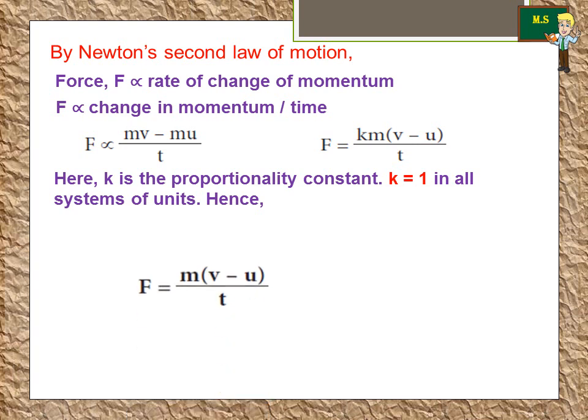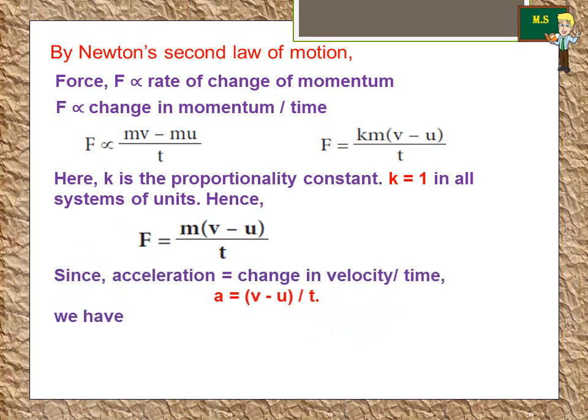Hence, F is equal to (mv minus mu) by t. Here we take m as common from this equation, so F is equal to m into (v minus u) by t. Since acceleration is equal to change in velocity per time, therefore a is equal to (v minus u) by t.